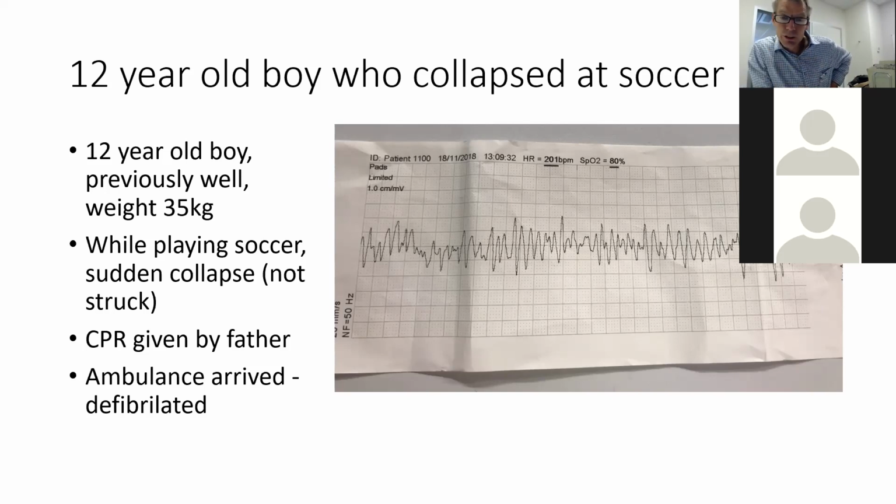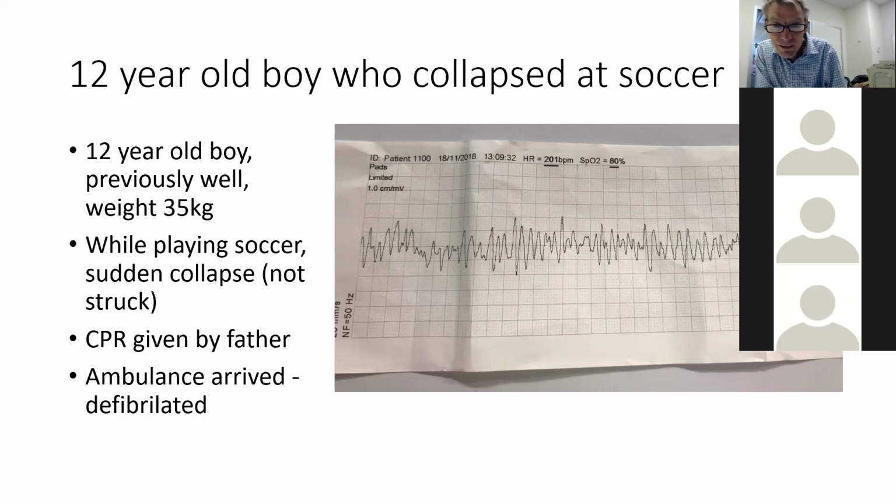In some ways, the rhythm looks a little bit like I showed you before with the arterial trace, doesn't it? But it's different. It looks the same, but it's actually quite a different problem. What is this rhythm? It could be SVT, but when you've got SVT, then what will you typically have?